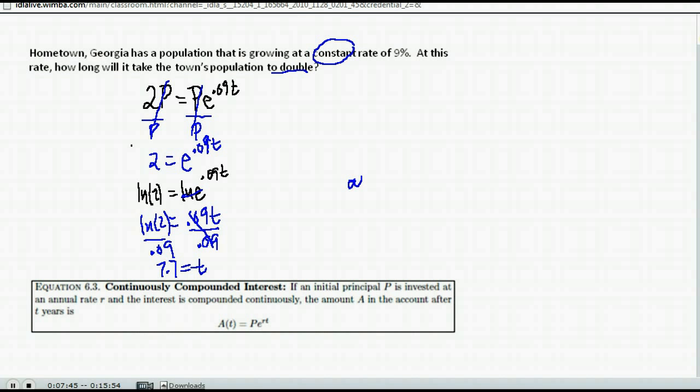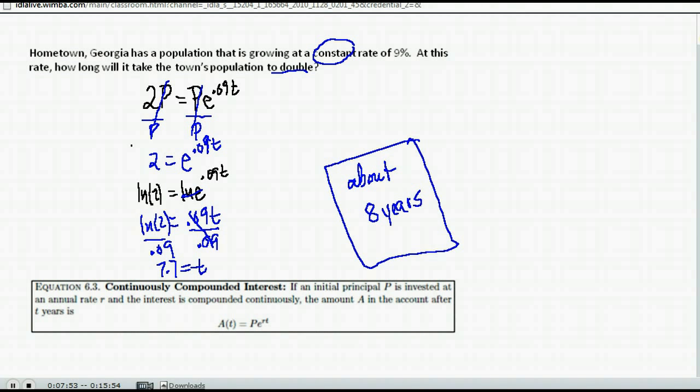So about 8 years is how long it will take for the population to double. We could figure that out without even knowing what our population is now. So again, it's important to read through the problem, see what you're given, and then assess where to go from there. In this case, we were only given the rate and the fact that it was constant.